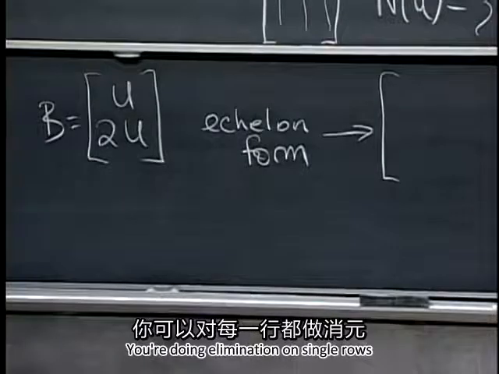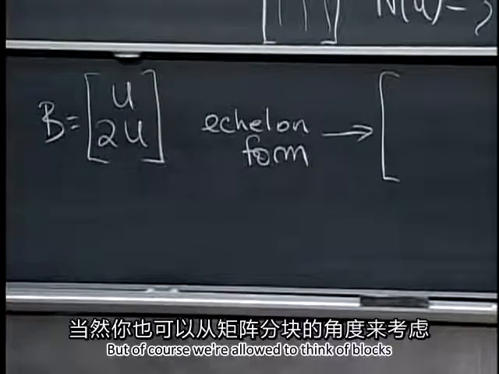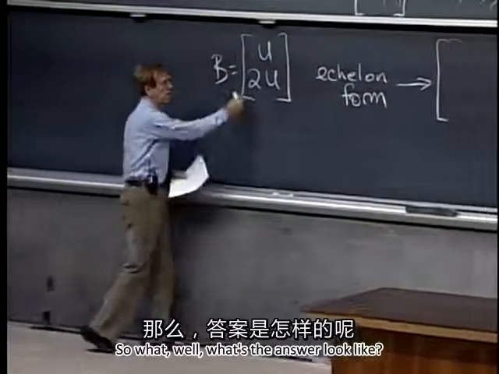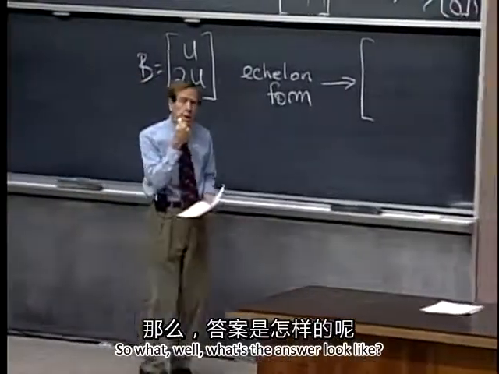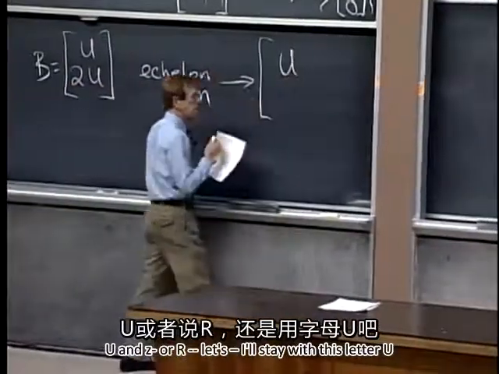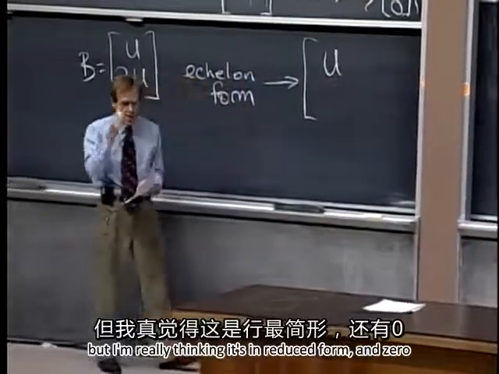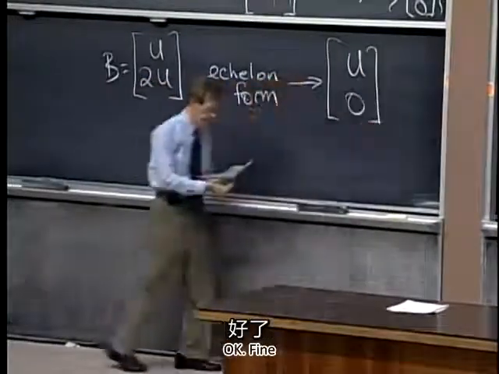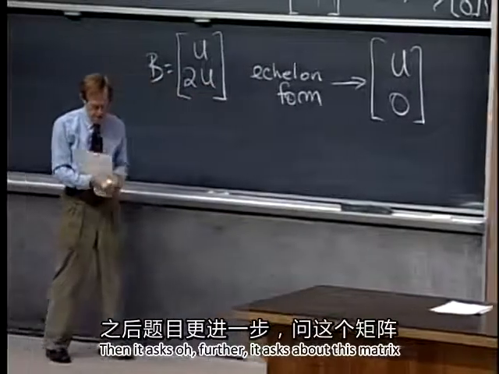You're doing elimination on single rows, but of course we're allowed to think of blocks. So what's the answer look like? U and 0, or R. I'll stay with this letter U, but I'm really thinking it's in reduced form, and 0. Okay, fine.